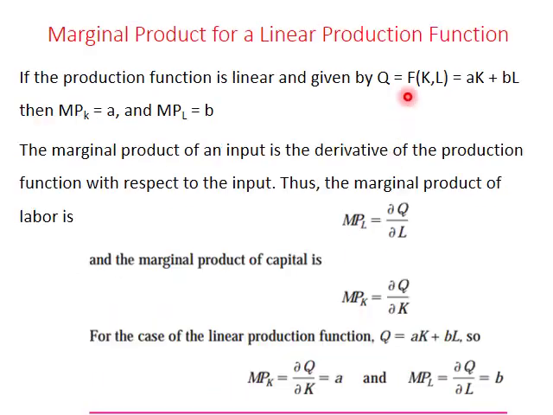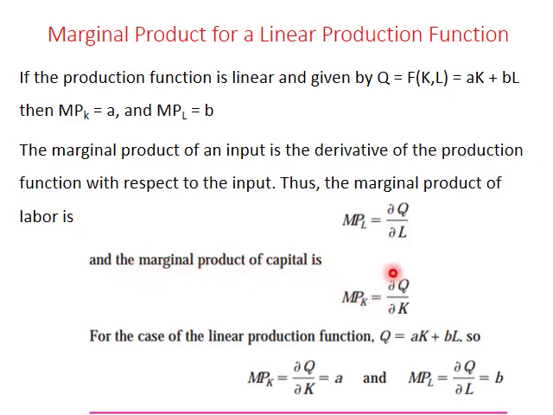If the production function is expressed by a linear equation, that is Q, expressed as a function of capital and labor, equal to AK plus BL, the marginal product of K is A and the marginal product of L is B. Marginal product can be calculated by the first derivative of the total product.